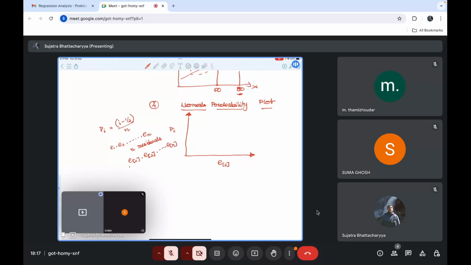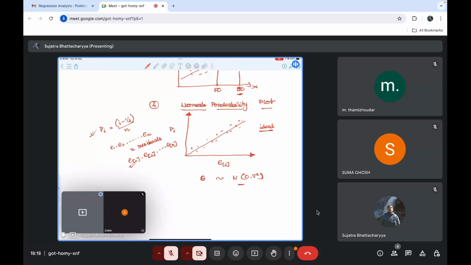Okay. When these Pi are plotted corresponding to that, if you get the points near this straight line, then you will see that this is an ideal case of normal distribution. That means your epsilon is actually following some kind of a normal distribution, with zero mean and some sigma square.